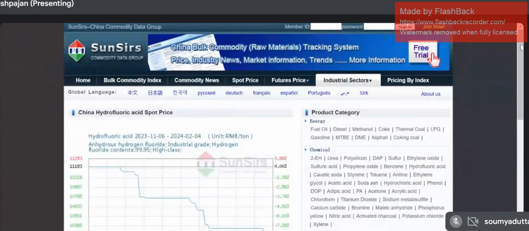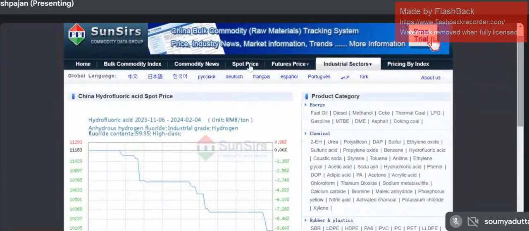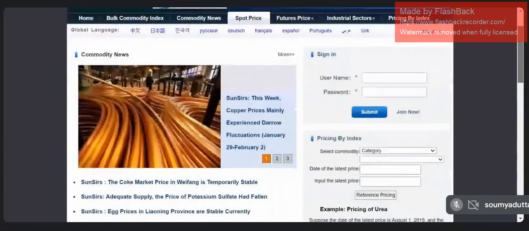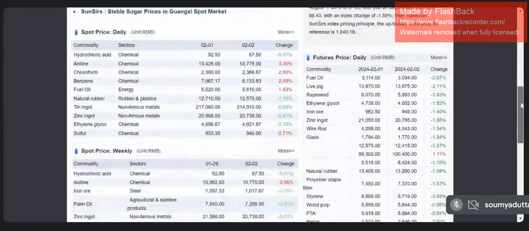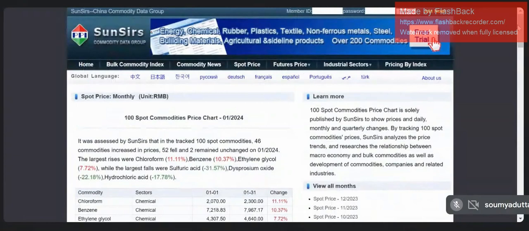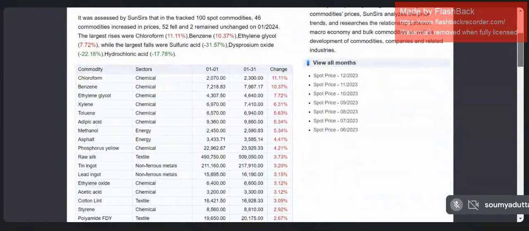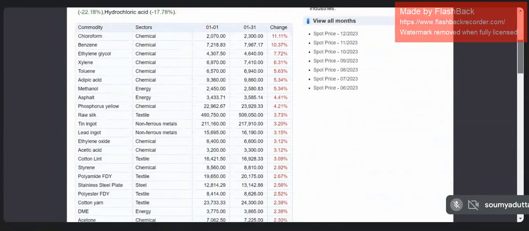Okay, now here, see, commodities. You have a lot of commodities, around 100 here. I have shared data in the group, an Excel of which companies deal in these commodities.